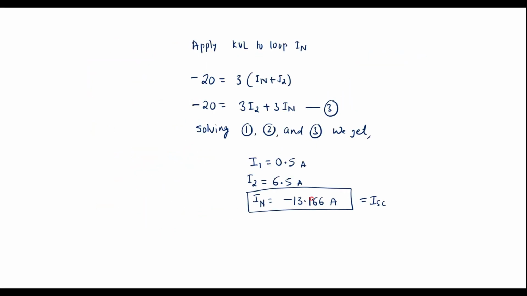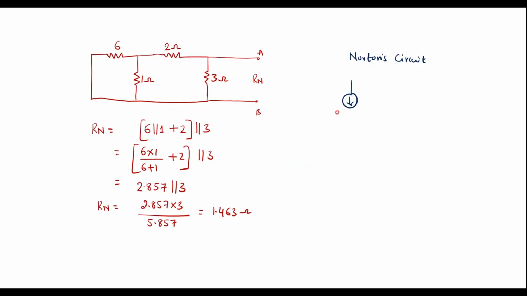Its value is 13.166, and parallel to this we need to connect Rn. Rn is 1.463. This is A, this is B.